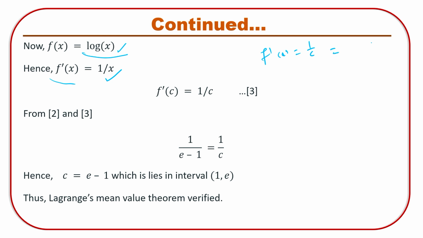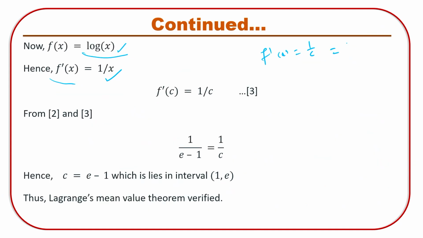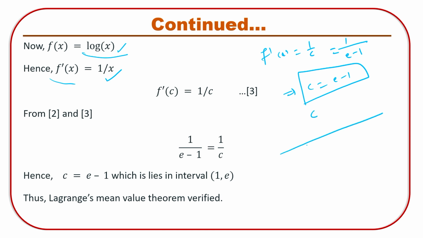But we have calculated in the previous step that f dash of c is equal to 1 divided by e minus 1. So I can equate these, and this will give you c equal to e minus 1. So this will be your answer, where you find c, and now you can check whether c lies in our given interval.